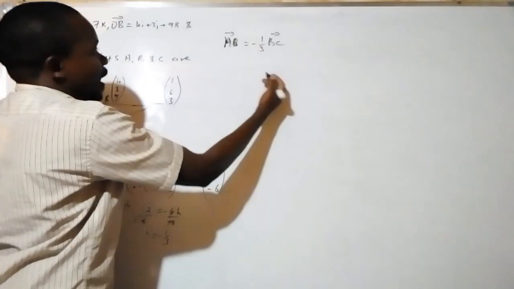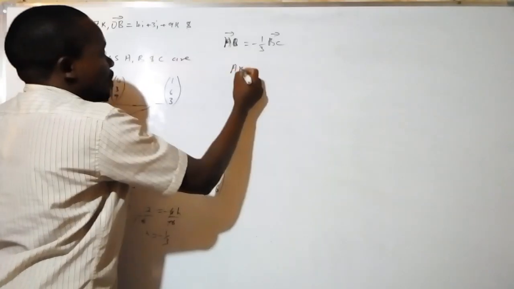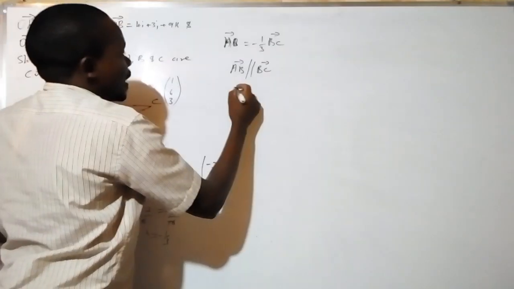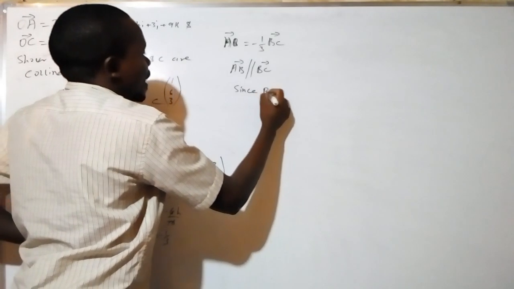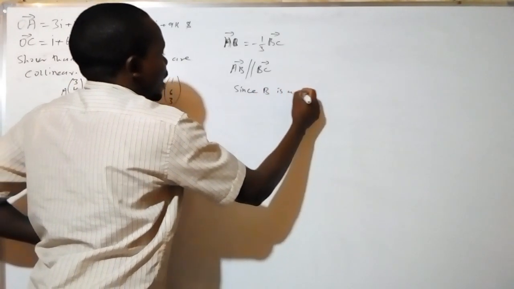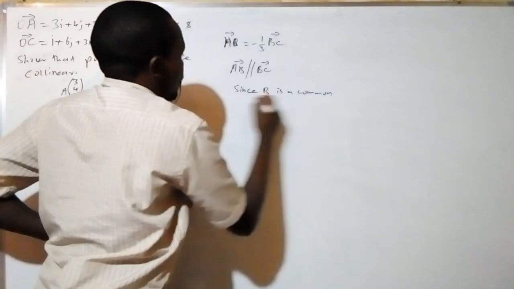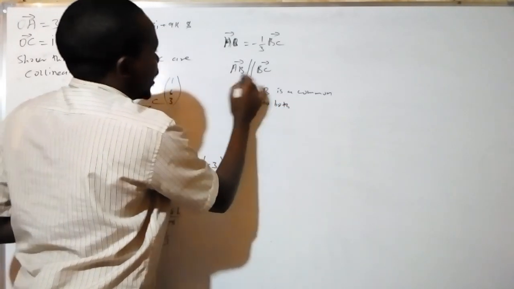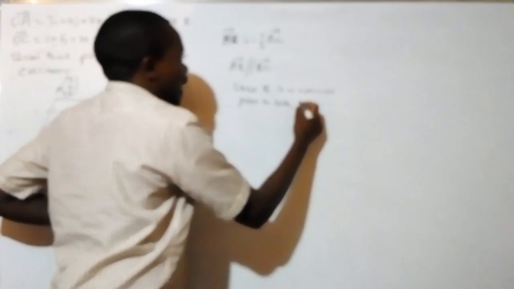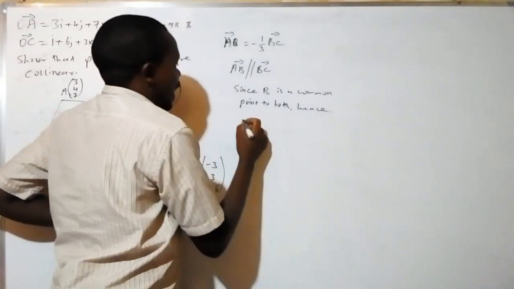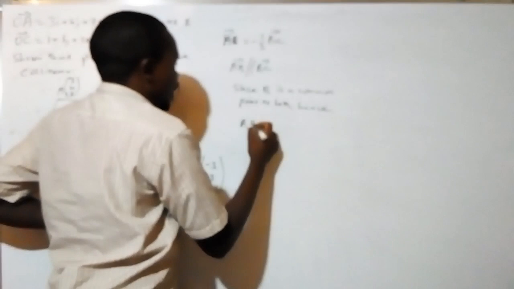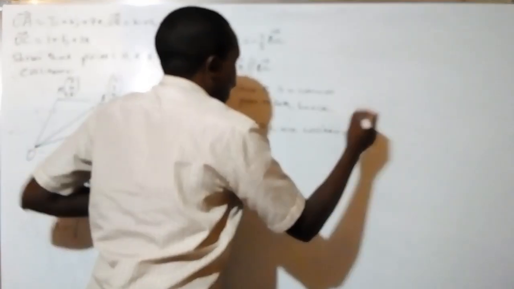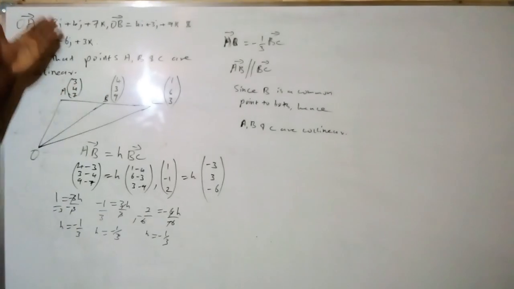We can also say that AB and BC share the point B, since B is common to both. Hence, A, B, and C are collinear. That's how we are supposed to do that question.